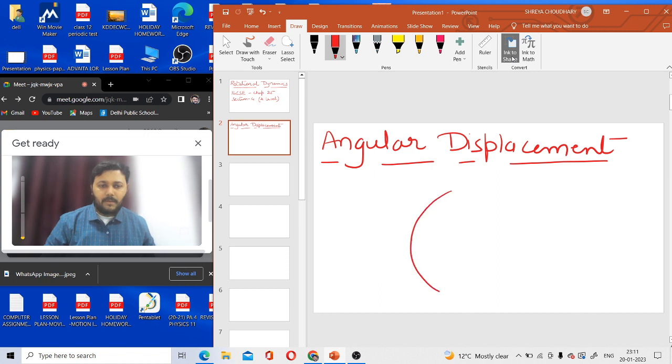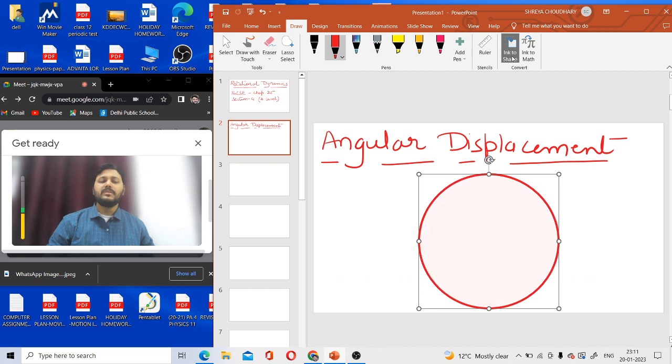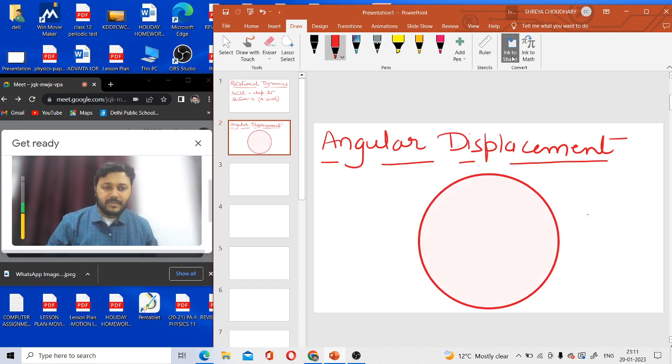Suppose a particle is moving on a circular path. Let O be the center of the circular path. Let us join. Let this be the radius of the circular path.